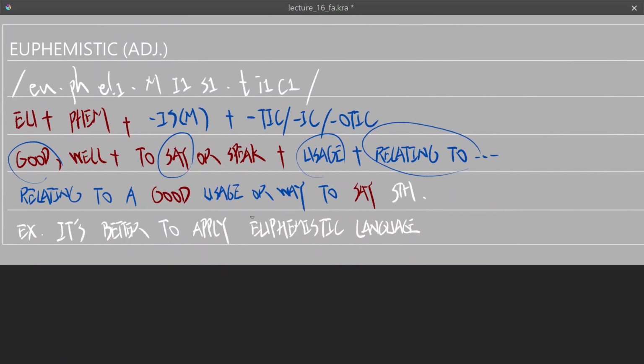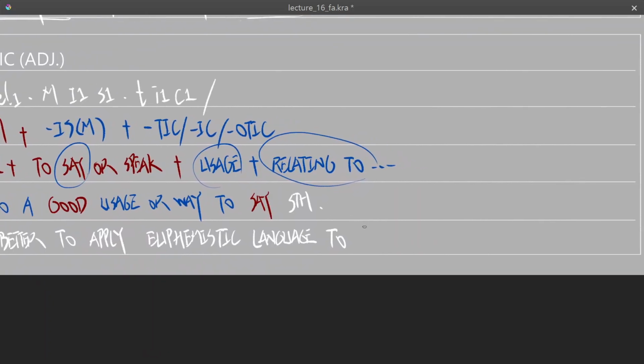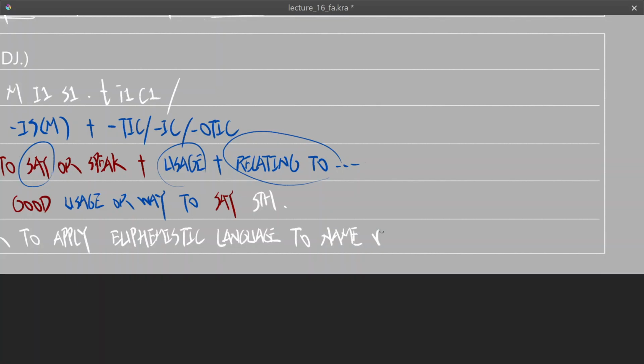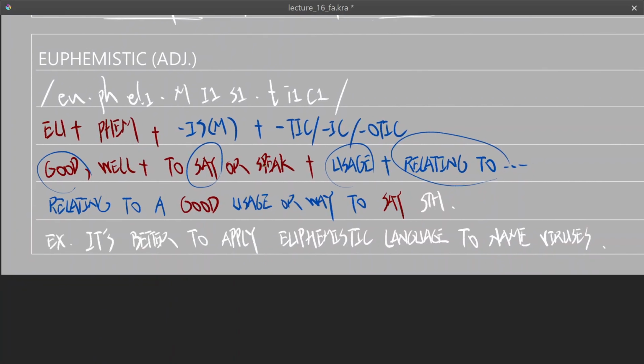Use euphemistic language to do what? To name viruses. Right, it's better to apply euphemistic language to name viruses.